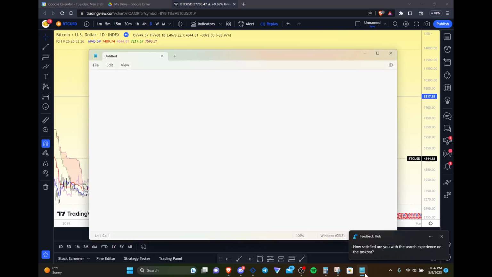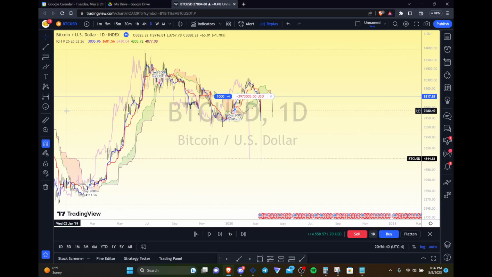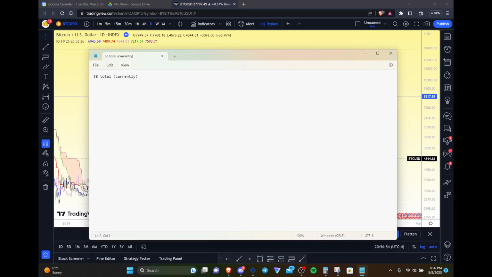So let's type that in here. Total, we're at 38 trades total currently. All right, and we are also up 14.558 million, so we're going to type that in there, plus 14.558 million.